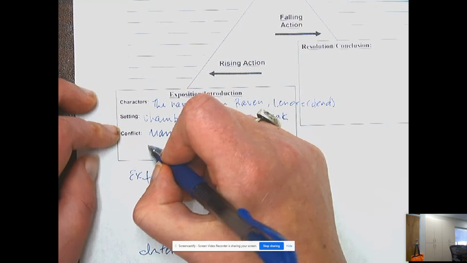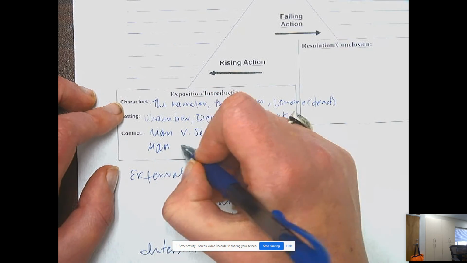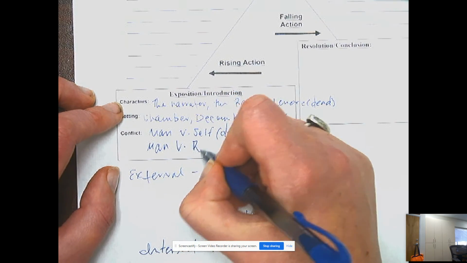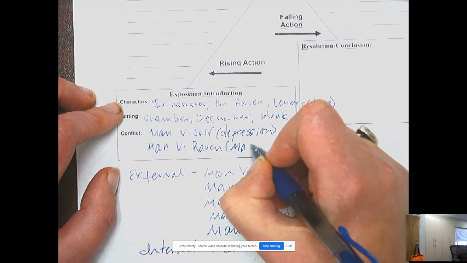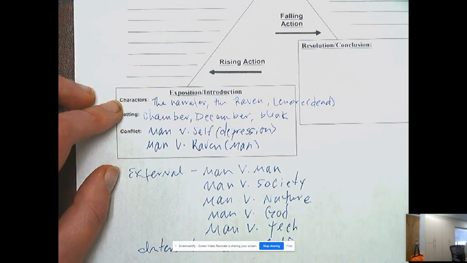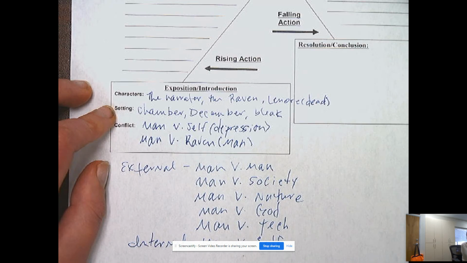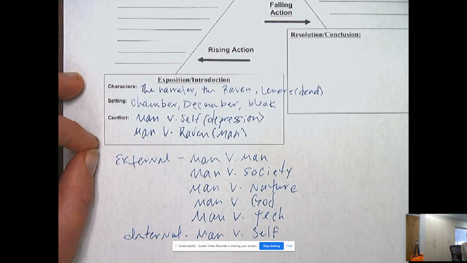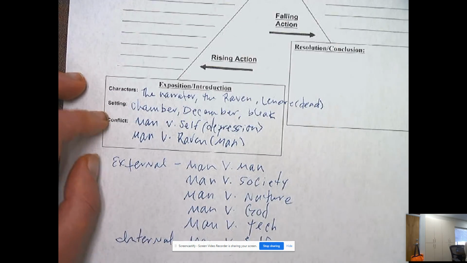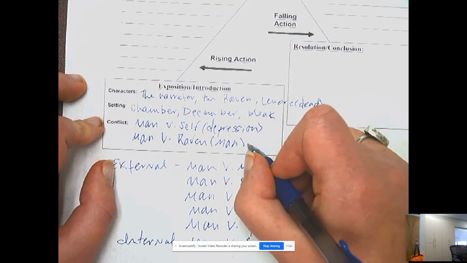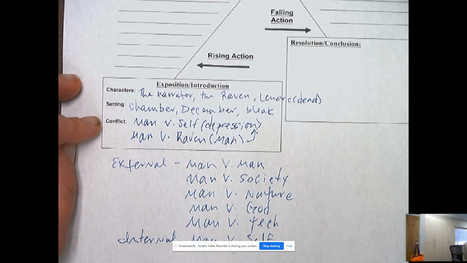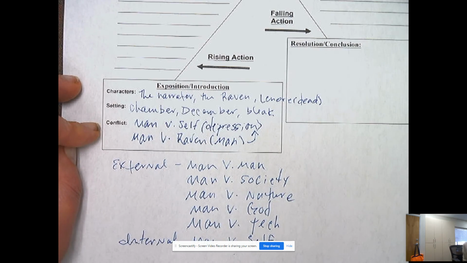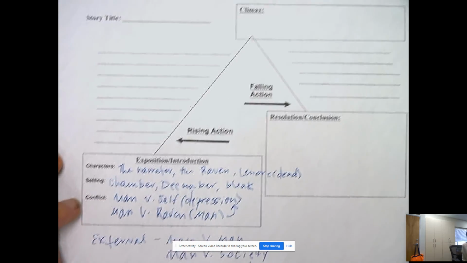But for our sake, we're going to say man versus Raven, with man in parentheses, because this is a physical being who has come in and sort of not disrupted him, but basically this is amplifying that. The Raven is there to simply confirm his depression, and therefore he can never get out of it.